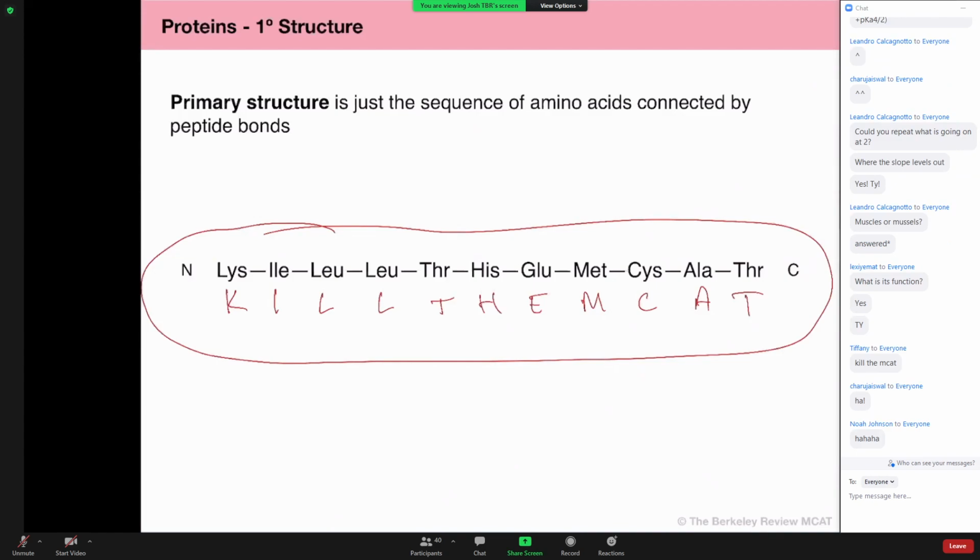Now, I might ask you, what's the charge at a pH of 7.5, at physiological pH? We're not going to do that right now, but that would be a question where you would have to go through the R groups and the pKa's, and know that this has a 9.0 and this has a 2.0 pKa. I know this has, I don't know, 12 or 13, I forget. You go through all those and get the net charge of this peptide. Totally valid question.